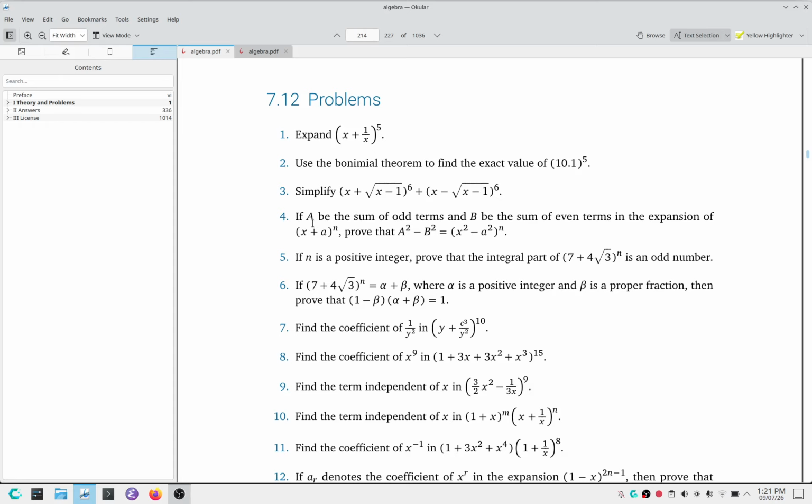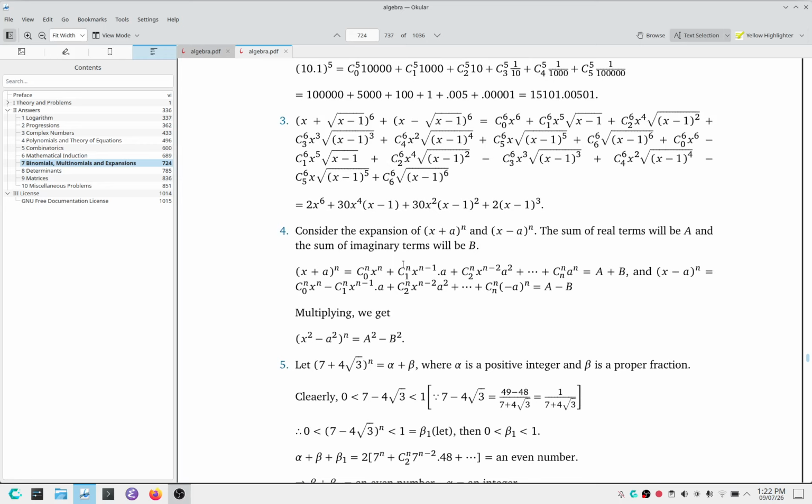Question 4 says that if A be the sum of odd terms and B be the sum of even terms in the expansion of (x + a)^n, prove that A^2 - B^2 is equal to (x^2 - a^2)^n. So we consider the expansion of (x + a)^n and (x - a)^n.